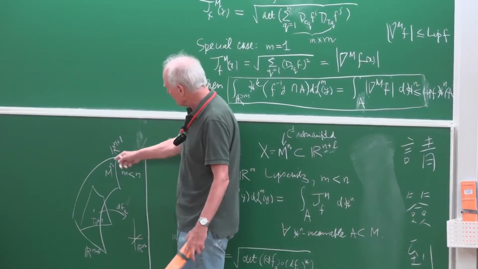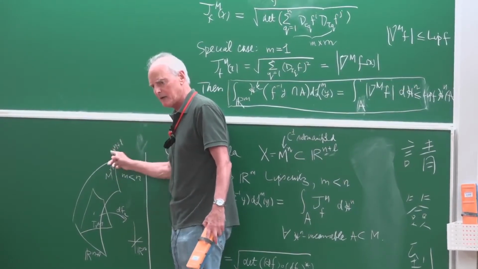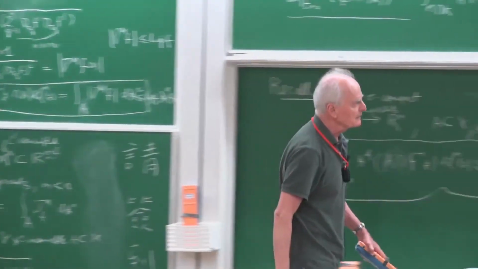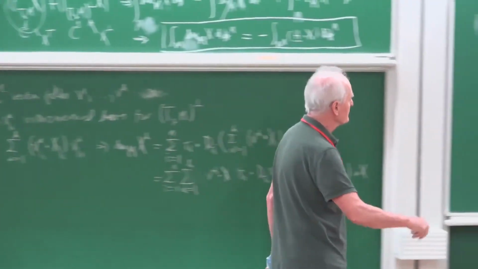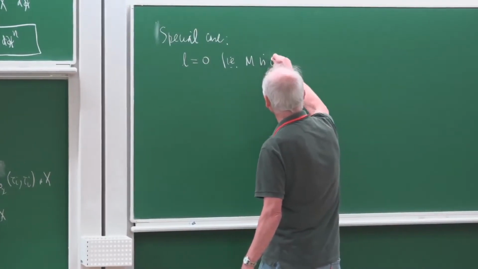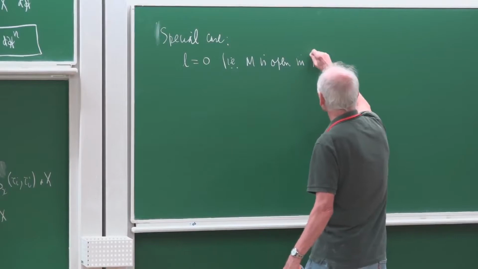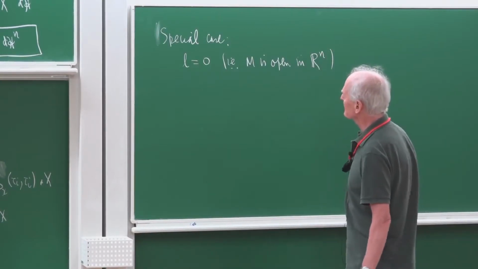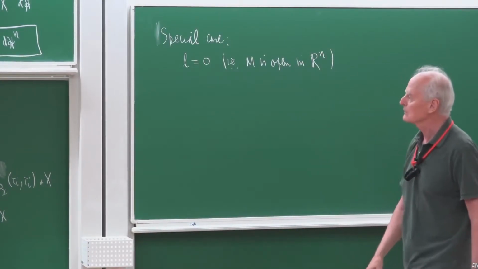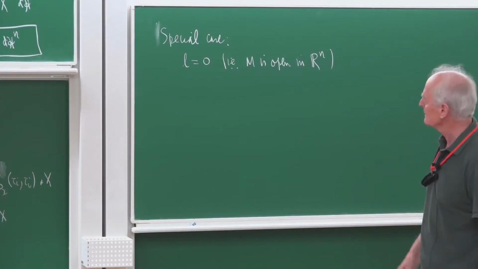Well, if L is equal to 0, that means M is simply an open subset of R^n. That's sort of the trivial case. It's no longer technically a submanifold, it's just an open set in R^n.